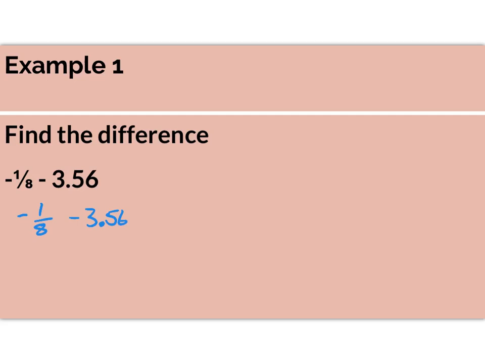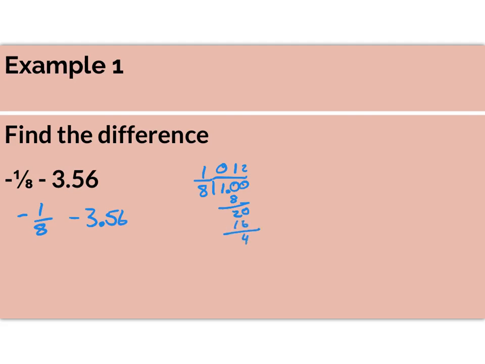So to turn 1/8 into a decimal, we divide 8 into 1. The top goes into the bottom. 8 divides into 1 zero times. 8 goes into 10 once. 1 times 8 is 8. Subtracting, you get 2. Add a 0. 2 times 8 is 16.